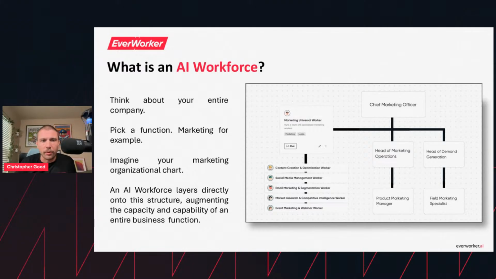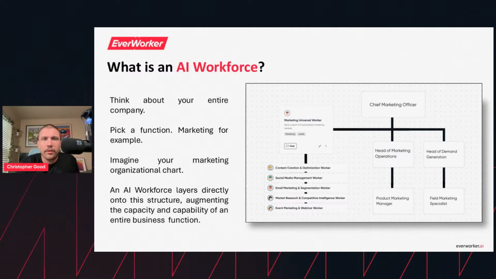It's about giving every role in your organization an AI worker that works 24/7, never forgets training, scales instantly when you need more capacity. And this marketing universal worker you see here can orchestrate specialized workers for content creation, social media management, email marketing, market research, and even event marketing, right? Each one operates like a highly trained employee in that specific domain, but they all work together as a coordinated team.